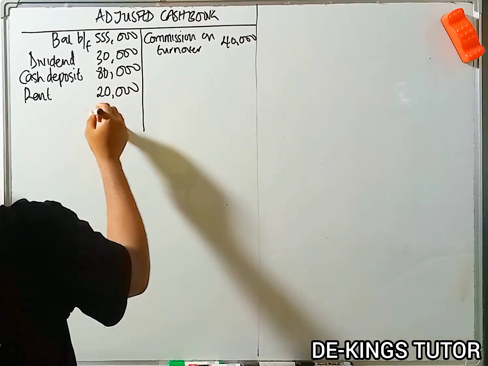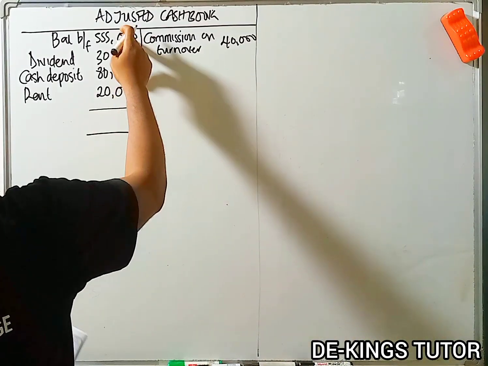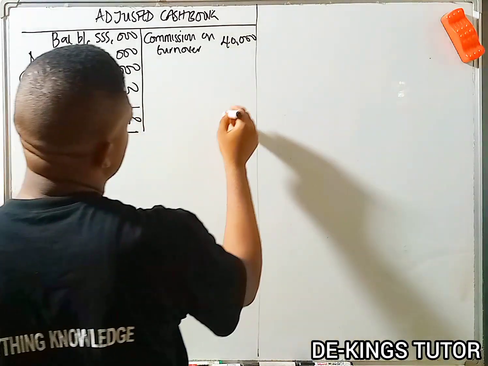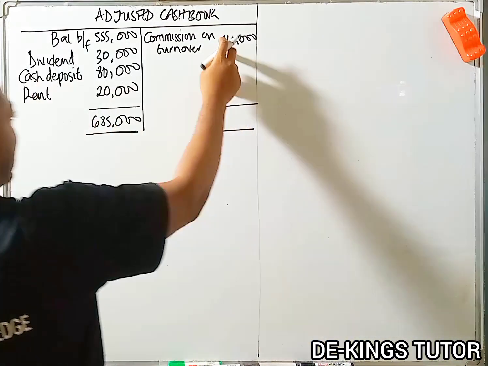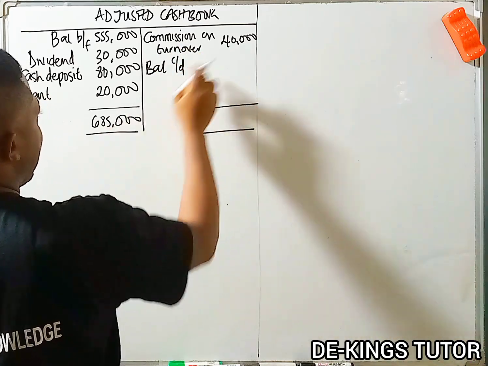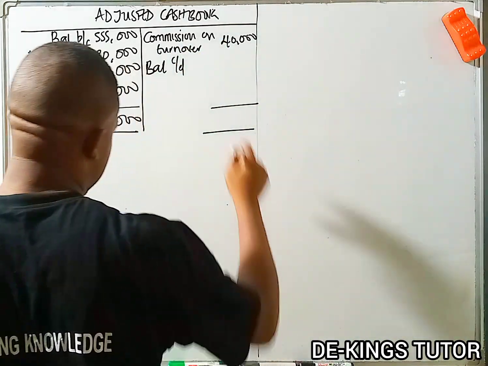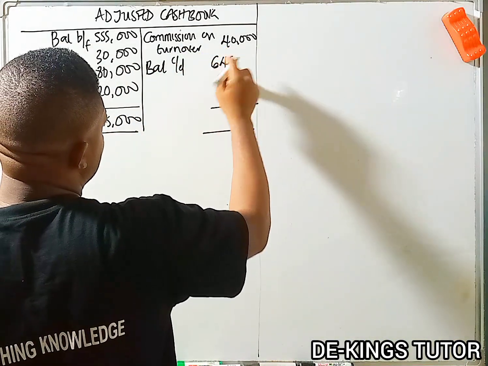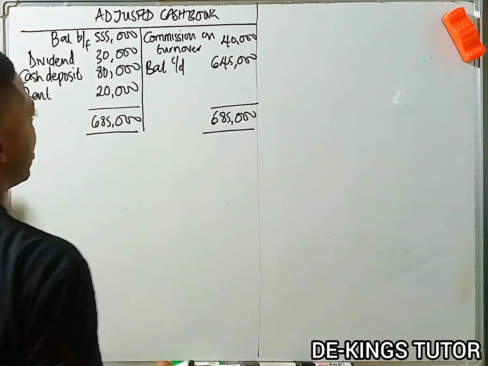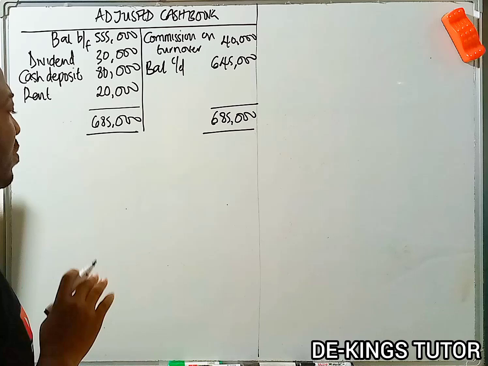Now I'm going to get the balance. You add this from here, it gives us 685,000. So this is 40,000. So our balance carried down here will be 685,000 minus 40,000. So it becomes 645,000. Okay. So that is that.